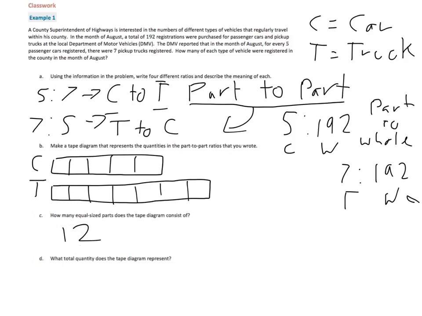And together they make the 12. What total quantity does the tape diagram represent? Well, what's the total number of vehicles? That, as our problem says, is 192. So those 12 parts now make 192 total vehicles.